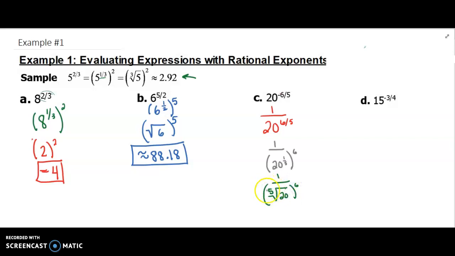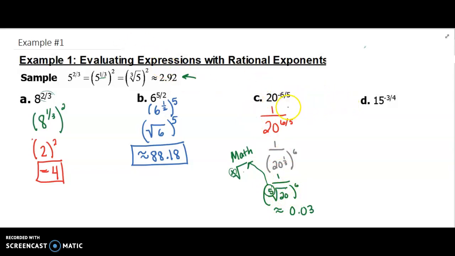Now for the 5th root, anything other than square root, you go in your TI-84 calculator under the math button, and it looks like it has an x like this. If you put 5 and then hit this button, it'll change this to a 5th root of, and then you put the number under here. If you do that, you should get roughly 0.03. If you're not, remember it's 1 over all of this, so check your parentheses and things like that.